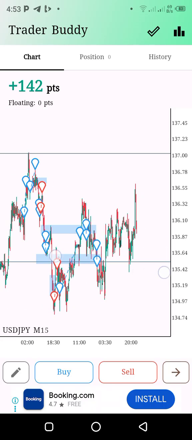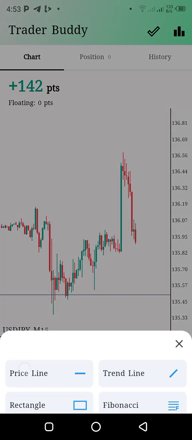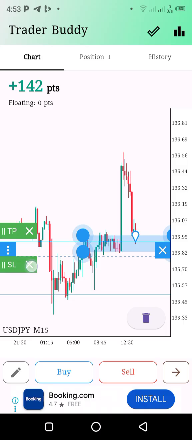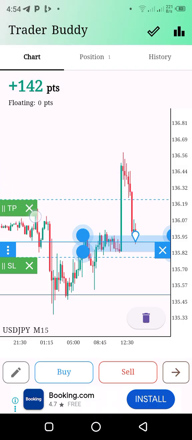We broke liquidity. This was the demand zone that broke the liquidity. So we can simply place in our buy, stop loss just beneath this level. Take profit at the nearest supply zone, which hasn't yet been retested, so it's there.